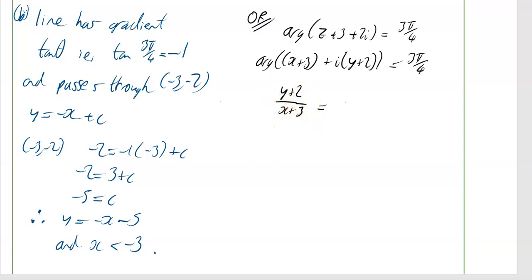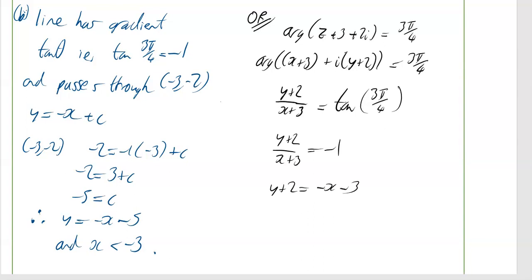So that's going to be my gradient, and it's equal to, the gradient, remember, is tan of 3 pi over 4. So we'll just work with that. That means y plus 2 over x plus 3 is equal to minus 1. Then multiply across, you're going to have minus x minus 3, and then that's going to just become y is equal to minus x minus 5.